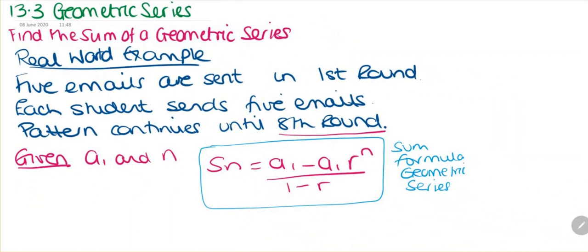So we need to substitute in values. So let's write down what we know. The first round is going to be 5 emails, so we know that the first number is 5. The ratio, each student sends 5 emails, so the ratio is multiplied by 5, so it's going to be 5.